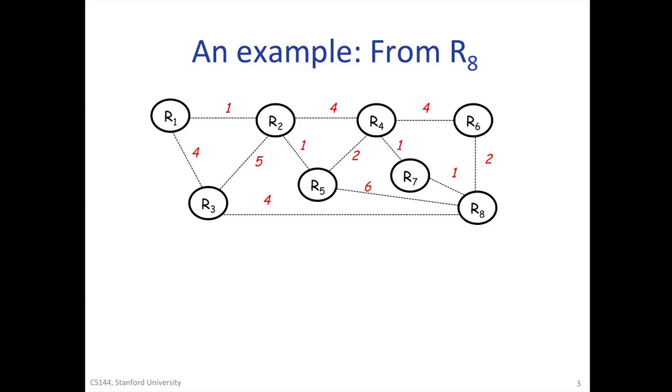Let's work through an example of Dijkstra's algorithm on this topology here. So this topology has 8 routers connected by links that are annotated with the cost of using those links. And we're going to go through the example of finding the lowest cost spanning tree from R8 to every other router. So let me just draw an example of what that might look like.